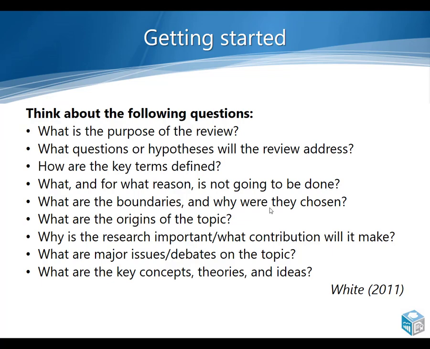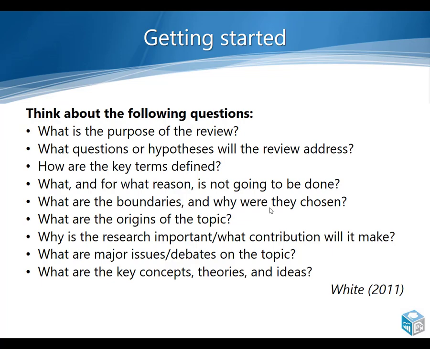One of the things I find quite challenging is actually getting started with a literature review, because it is quite a big task and it can be a little bit overwhelming. So I've included some questions here from a book by Barry White, not the singer, and these are just some starting out questions that you may find useful when you're drafting the review itself.